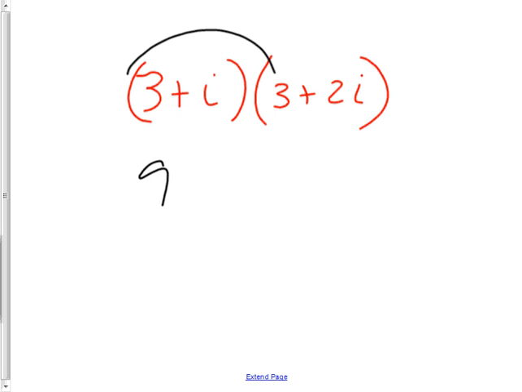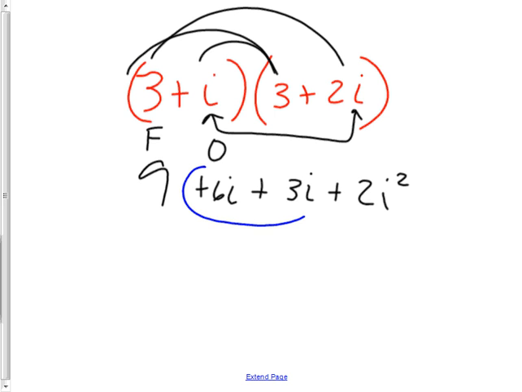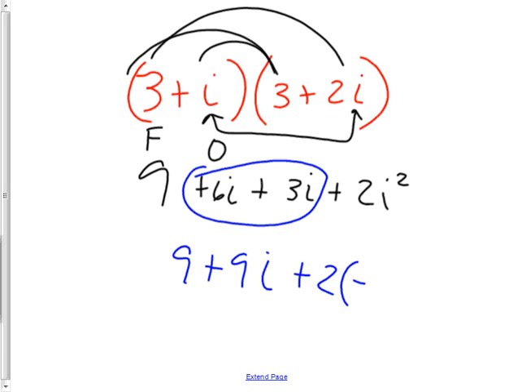Nine is my first. My outsides makes 6i. My insides makes 3i. And my lasts makes, there it is, waiting for the payoff. It finally came. We got an i squared. Now I can actually combine these two because they are like terms. So 9 plus 9i plus 2 times negative 1.